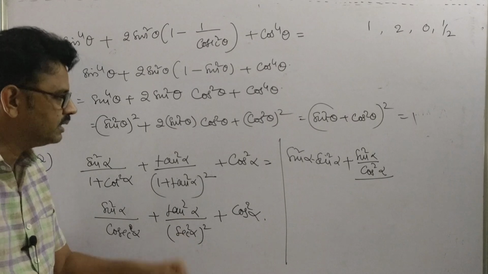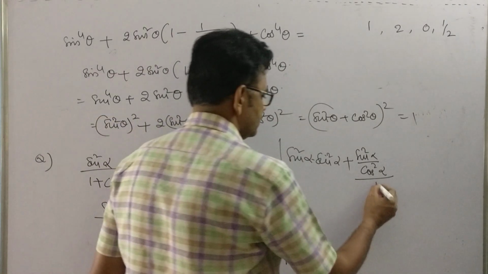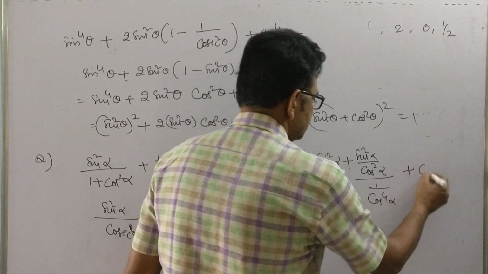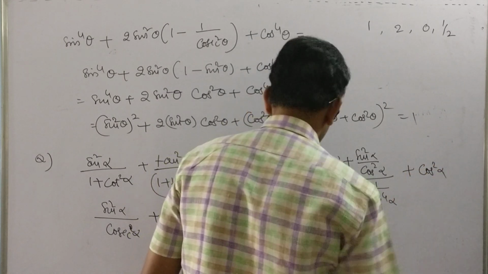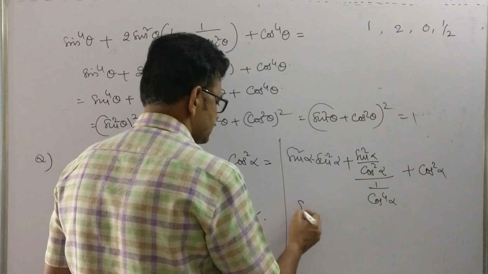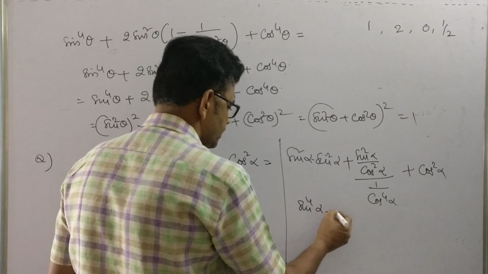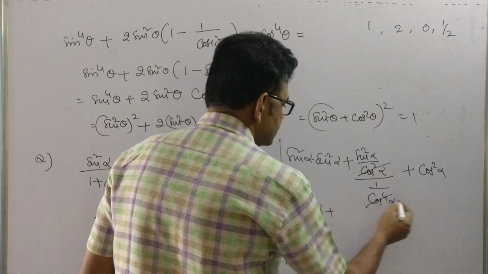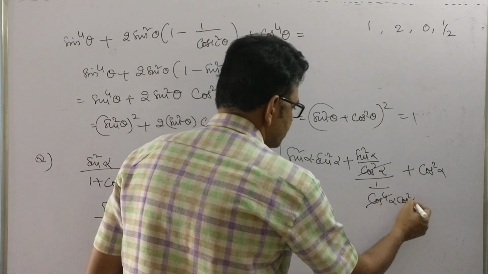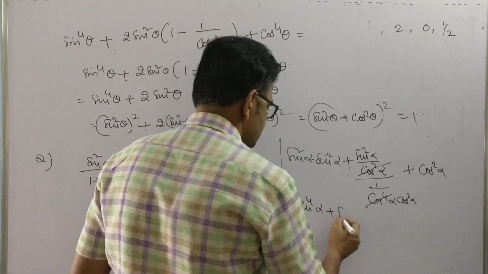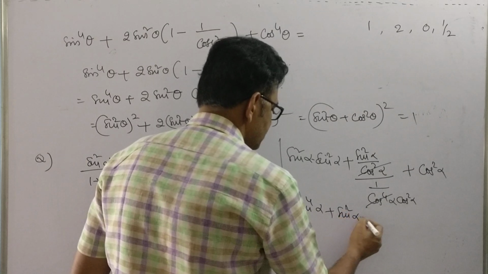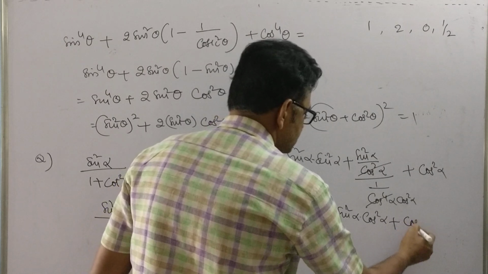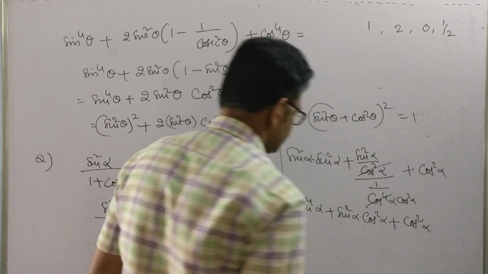Secant means 1 by cos, so this is 1 by cos power 4 alpha plus cos square alpha. So this is sin power 4 alpha plus, the 2 times gets cancelled, cos square alpha comes in the numerator, sin square alpha into cos square alpha plus cos square alpha.